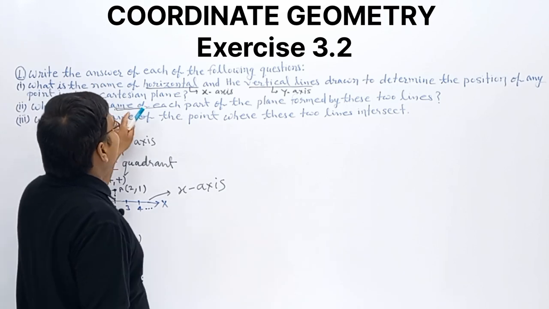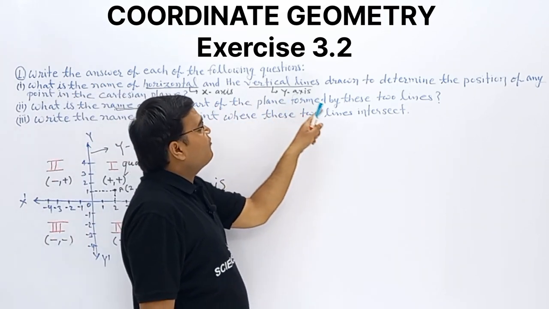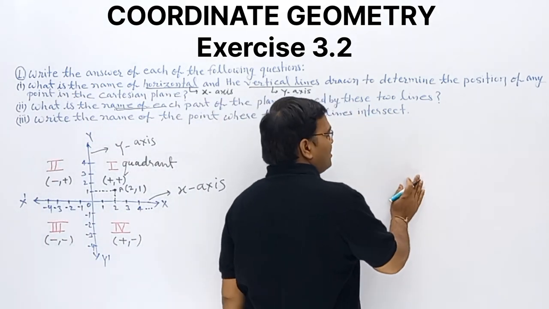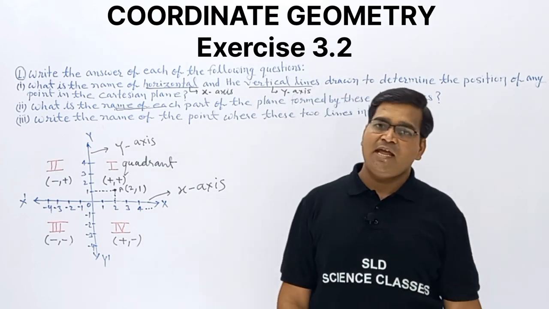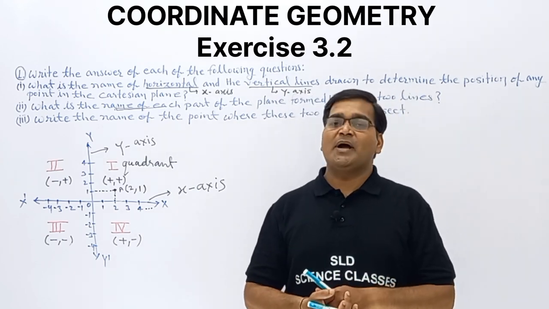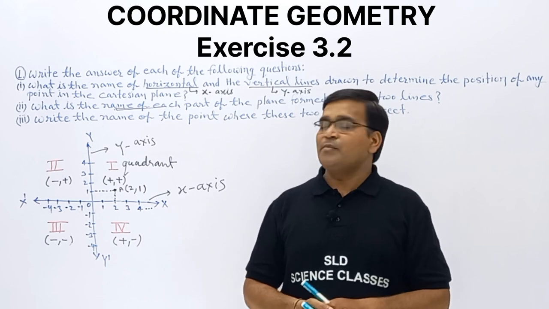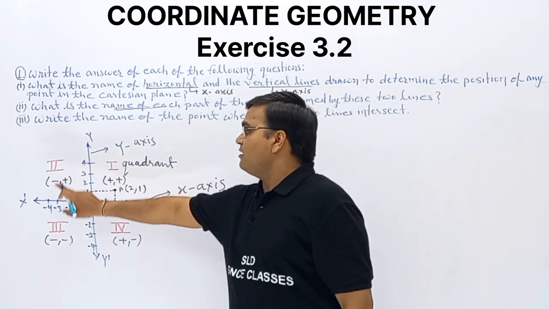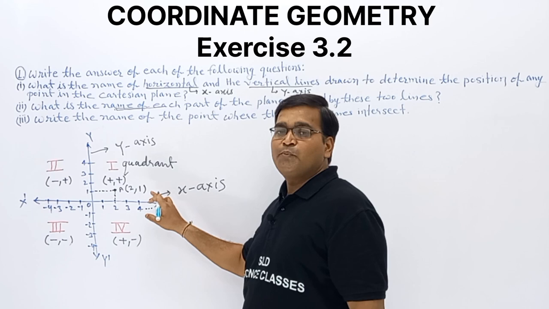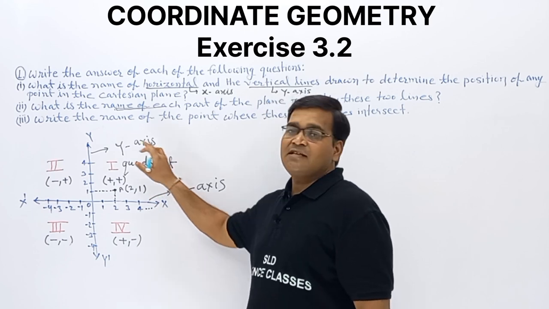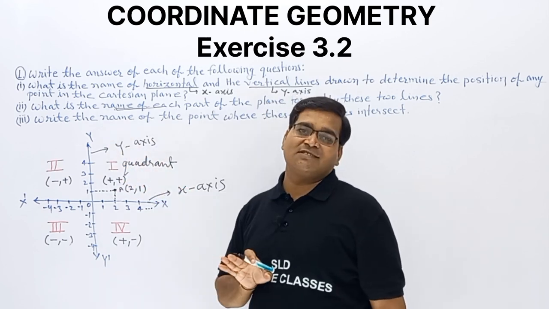So what is the name of each part of the plane formed by these two lines? These two lines make 4 parts, and these parts are called quadrants, numbered first, second, third, fourth anti-clockwise from OX. Clear?